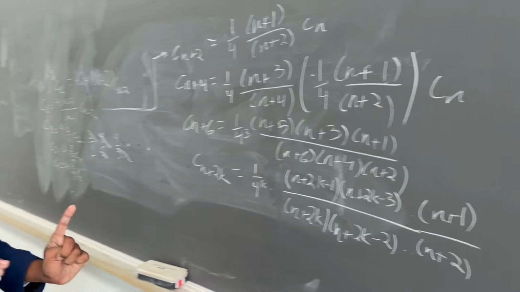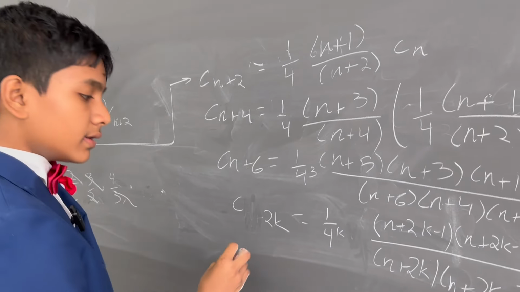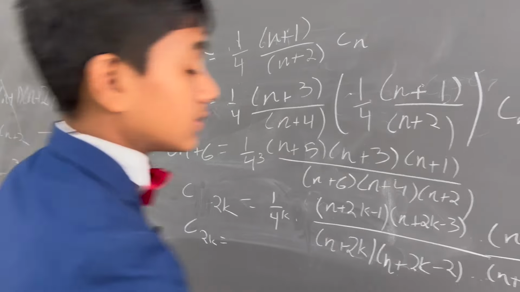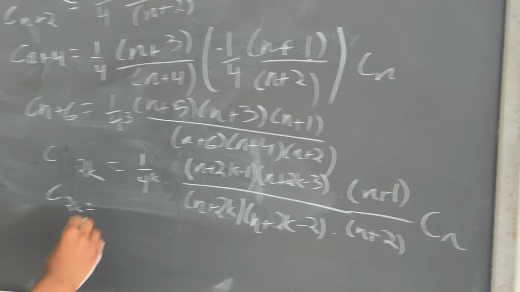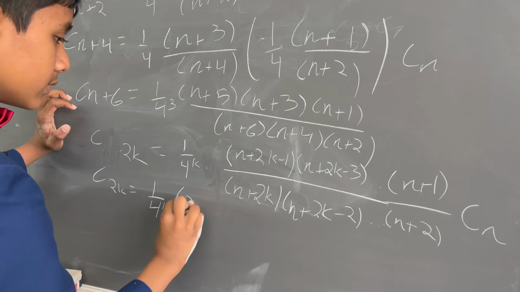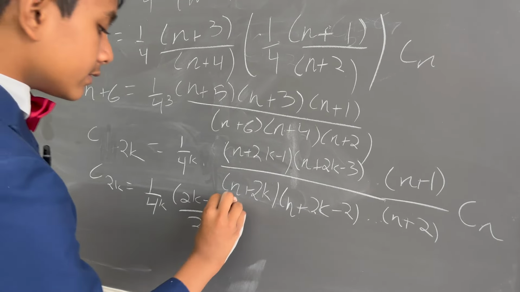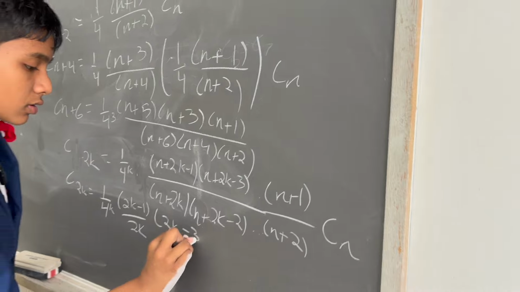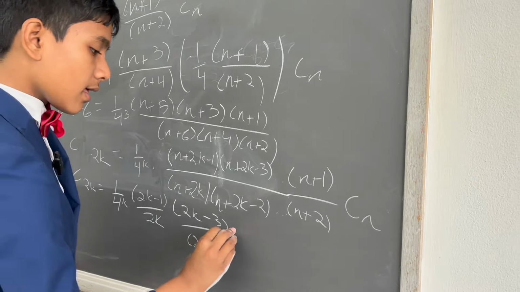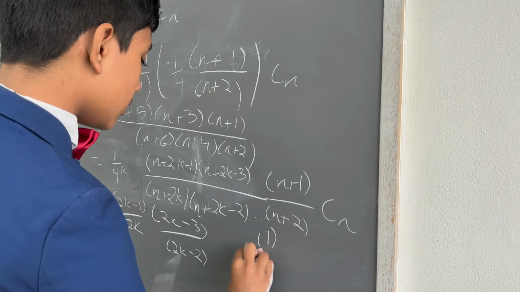So now, here's the magic part. Plug in 0 for n. Now we get that C2k is 1 over 4k, times 2k minus 1 over 2k, times 2k minus 3 over 2k minus 2, dot dot dot, 1 over 2.